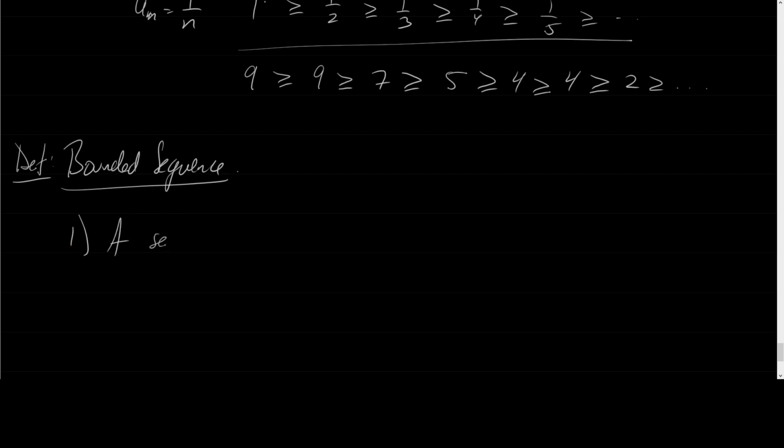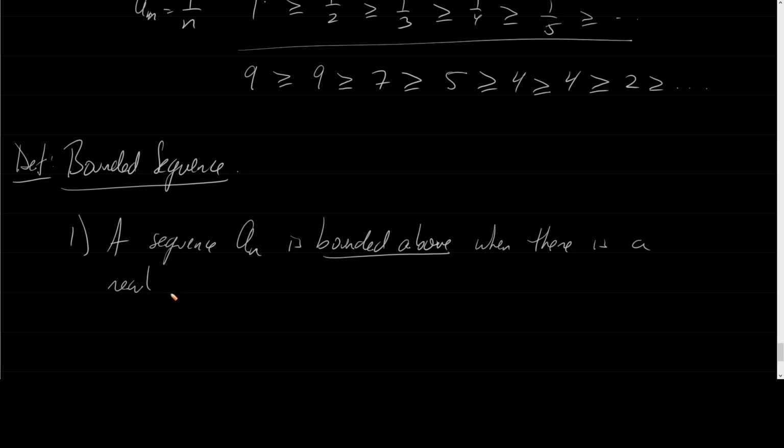So a sequence a sub n is bounded above when there is a real number m such that a sub n is less than or equal to m for all n.